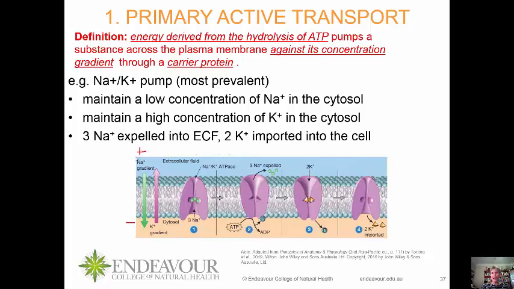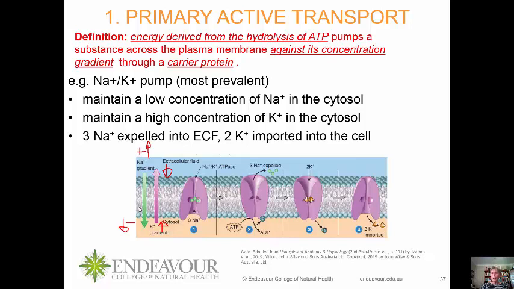Sorry, that's not charge, that's actually concentration. So we have an increased concentration on the outside and a decreased concentration on the inside. With potassium, we have an increased concentration on the inside and a decreased or lower concentration on the outside.